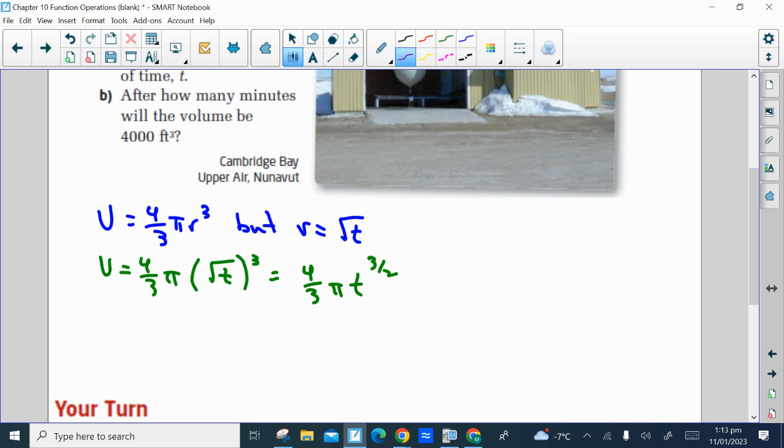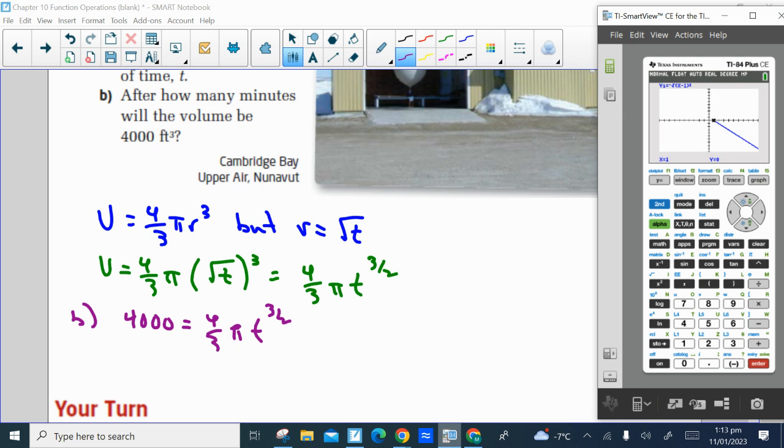Now part B. After how many minutes will the volume be 4,000 cubic feet? So volume is 4,000. We need to solve for t. We can start by dividing both sides by the 4/3.